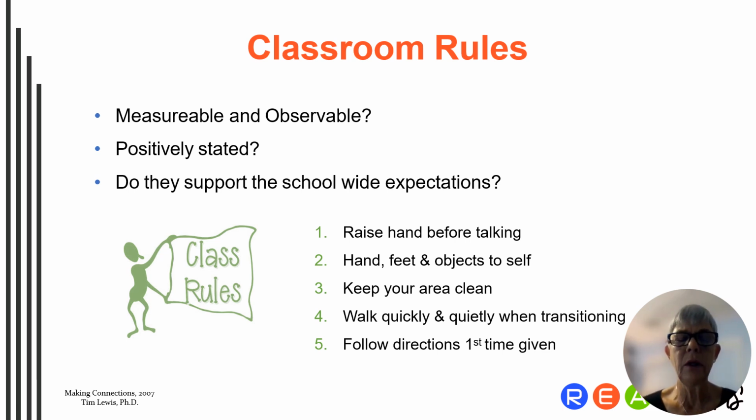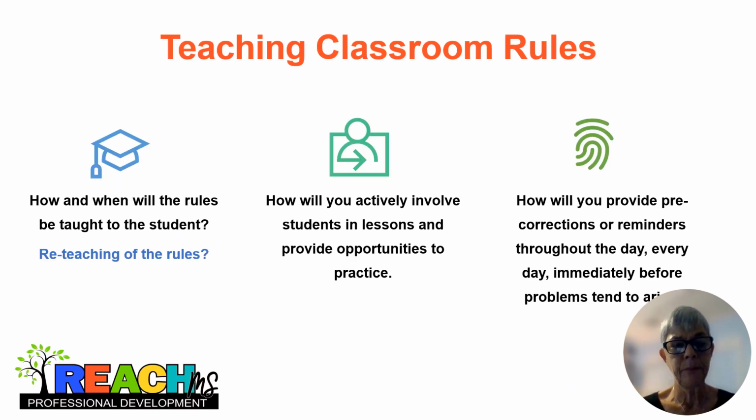So for example, if your school's expectations are be respectful, be responsible, and be safe. So what does it look like in your classroom to be responsible, respectful, and safe? So making sure that we are supporting those school-wide expectations when we're thinking about creating our classroom rules.